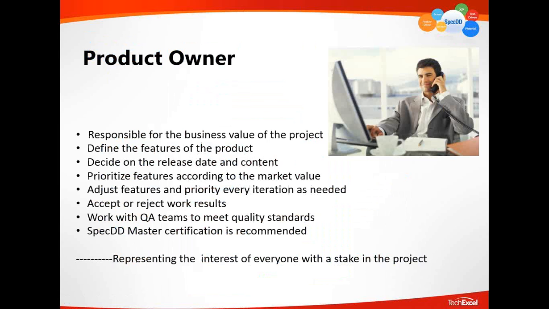That described, the description of each job role becomes very easy. So the product owner is responsible for the business value of a project. Define the features of the product, decide on the release, and I just want to remind you, the product owner will have a chief product owner.